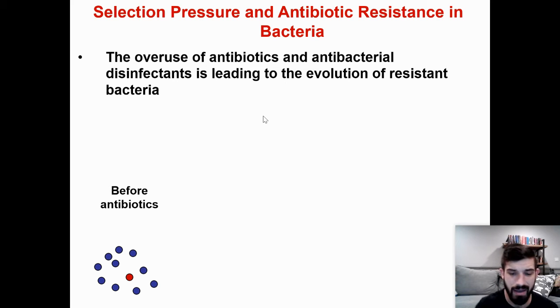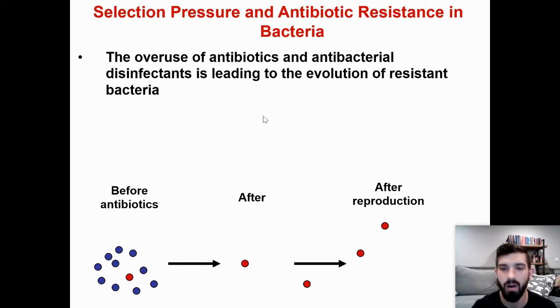If we use antibiotics on those bacteria, all of the blue ones will die, leaving just the red one. And if the red one is left, then it's going to reproduce, and it will reproduce more bacteria that are also resistant against antibiotics. And now we've essentially, kind of in a way, through artificial selection, but not really, created bacteria that are stronger, making it an issue for us.